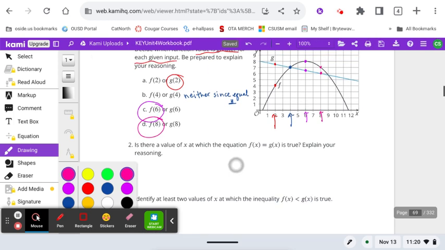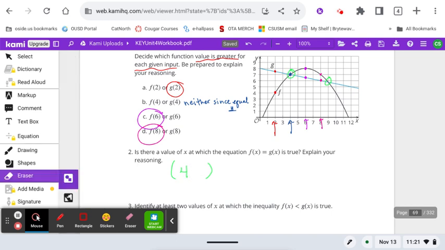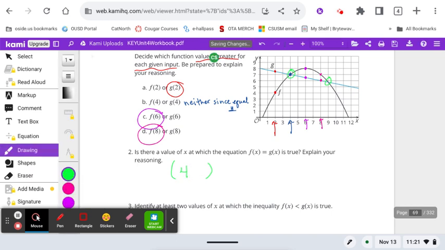Is there a value at which the equations are equal? Yes, right here at 4, 7 is where they intersect and are equal. And here at 9, what is that, 5.8?